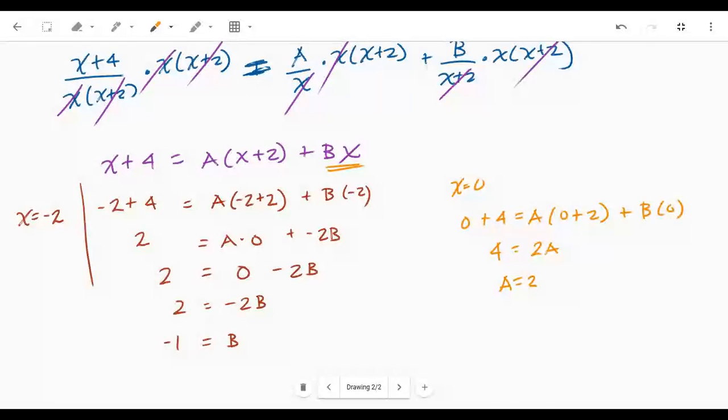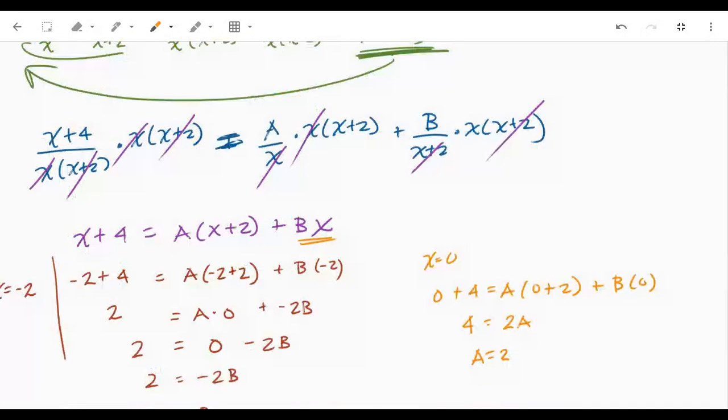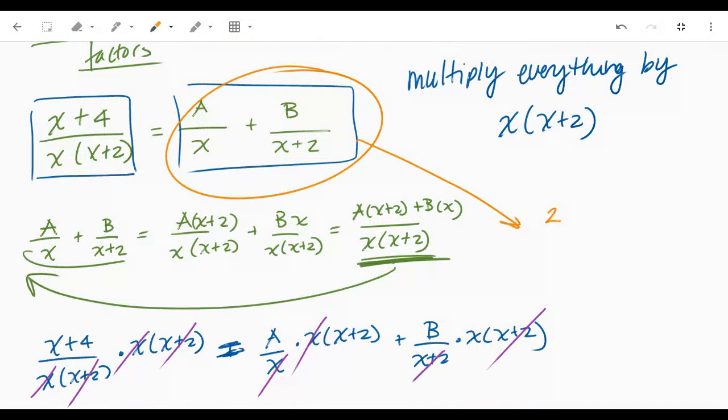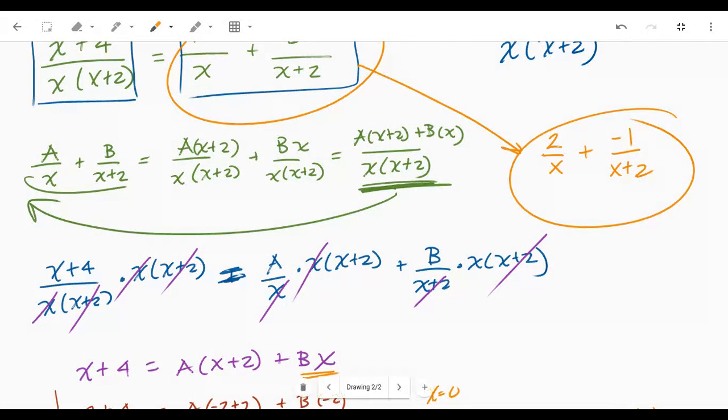So what I end up with is my answer, now that I know what A and B are. A is 2, so 2 over x, plus B is −1, so −1 over (x + 2). And there's my solution.